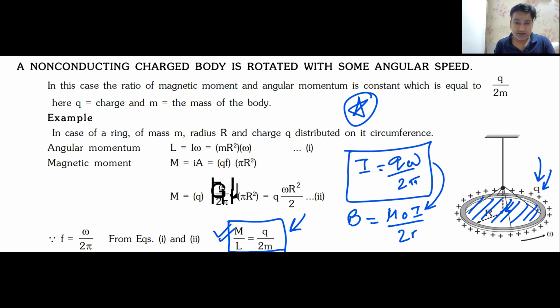The first question they could ask you is what is the magnetic moment of that disk? That is very simple because M by L is q by 2m. Yes or no? You know the angular momentum of this. This is I into omega, and I is mr squared by 2. Yes or no? Yes, sir. You can easily calculate the magnetic moment of this. But if they ask you what is the magnetic field at the center of this disk, what will you do?